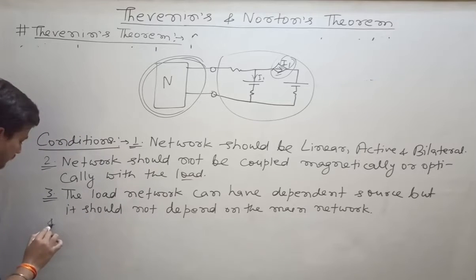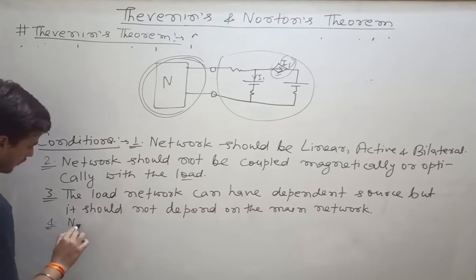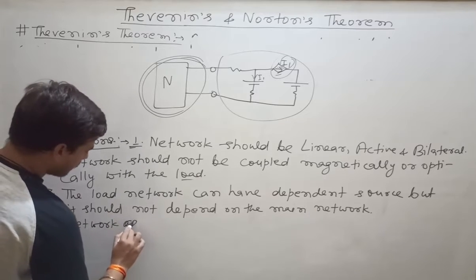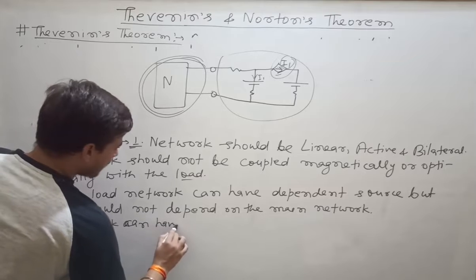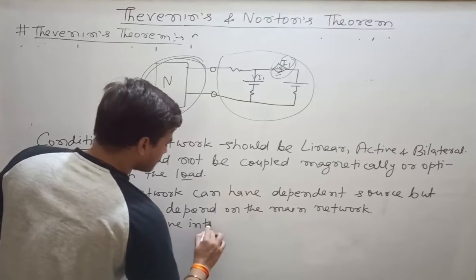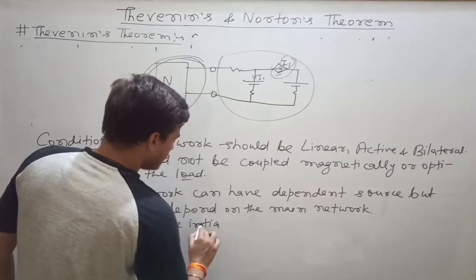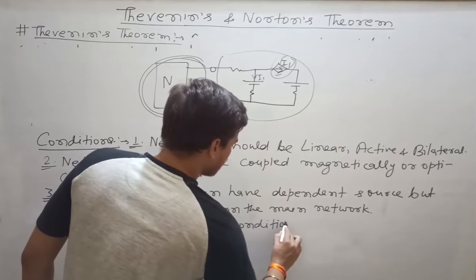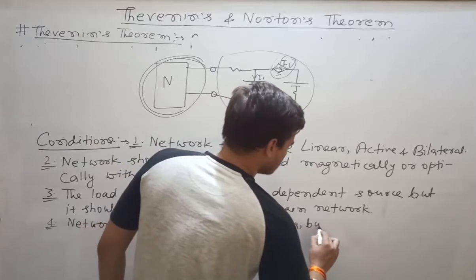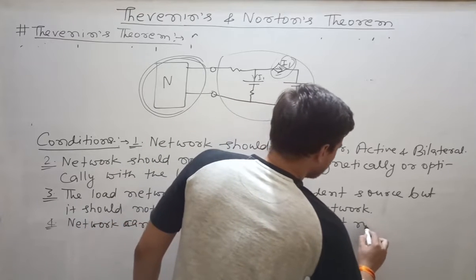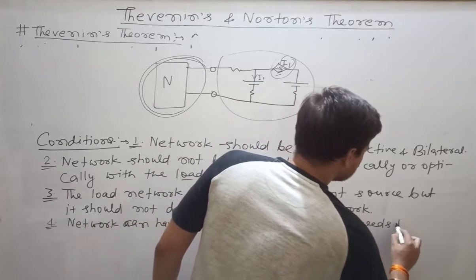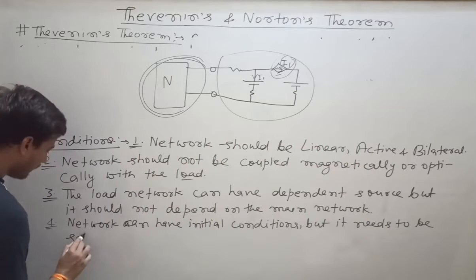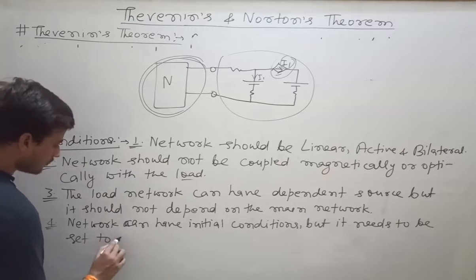Next, the network can have initial conditions, but it needs to be set to 0.